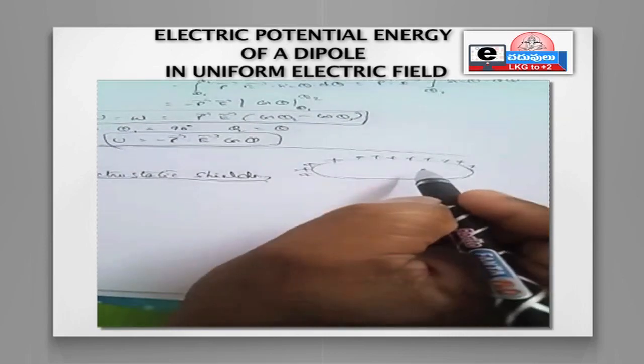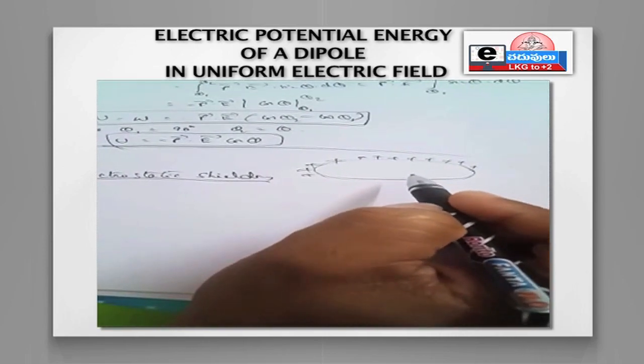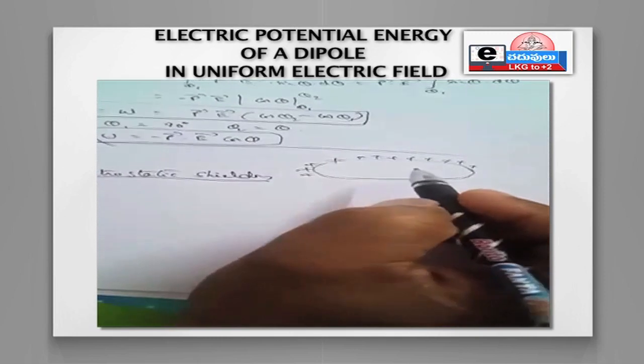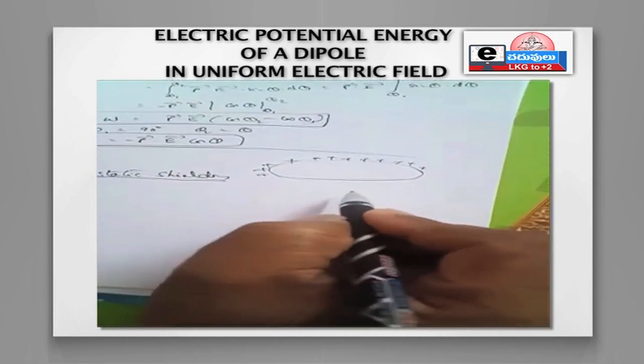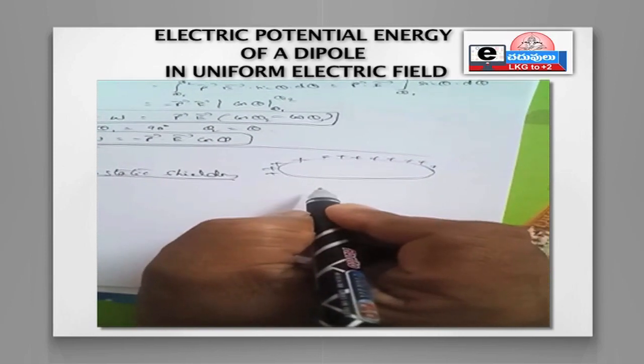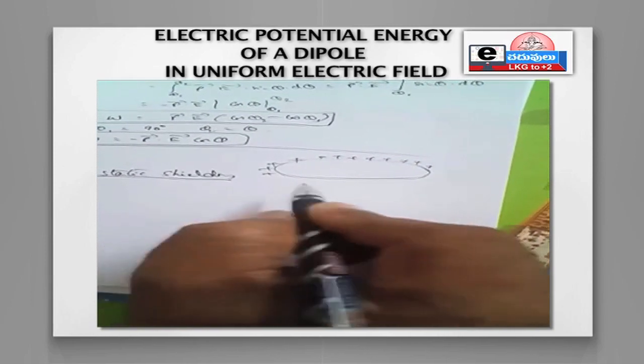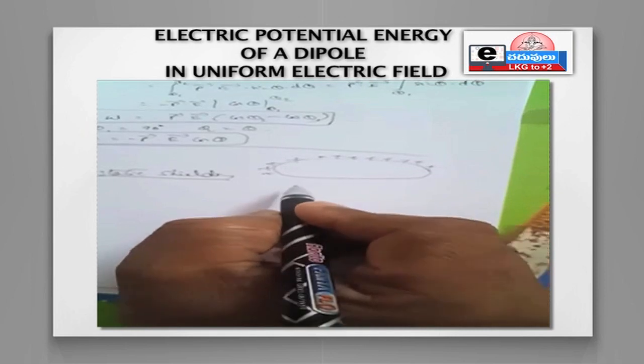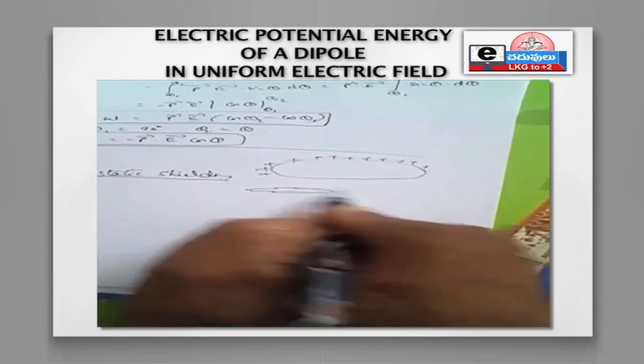Now, for these electrical discharges, we have to give a little explanation: during the rainy season, why does lightning occur? After the lightning, you hear the sound. A little explanation is required.